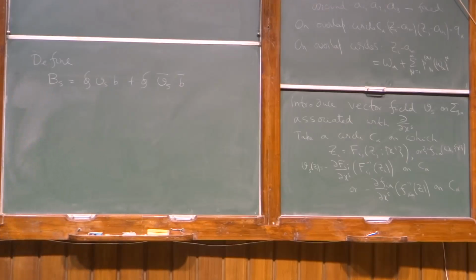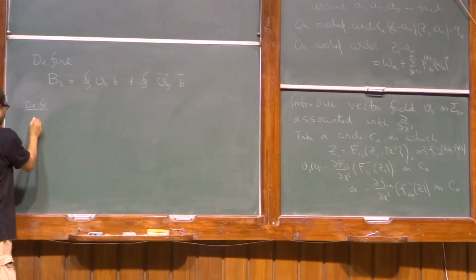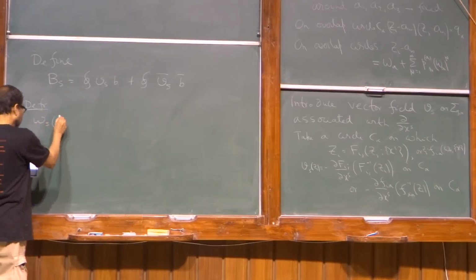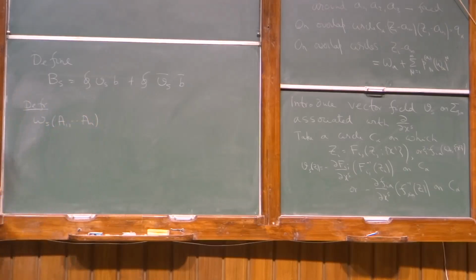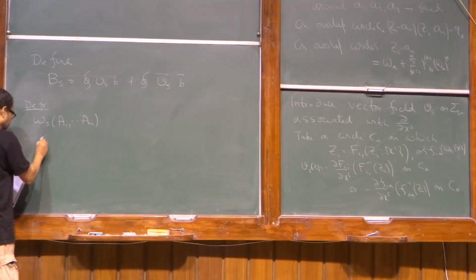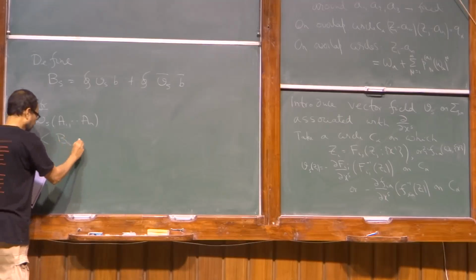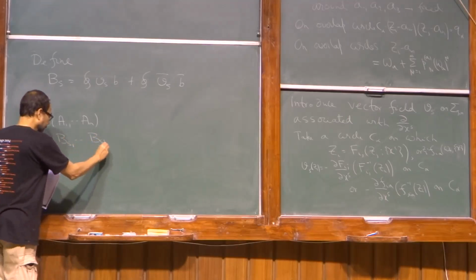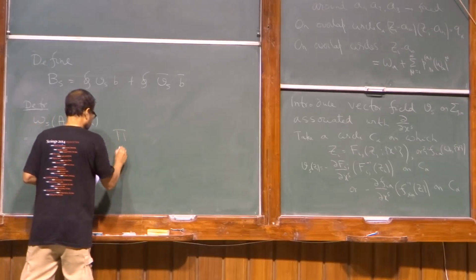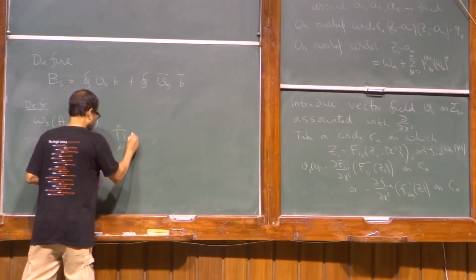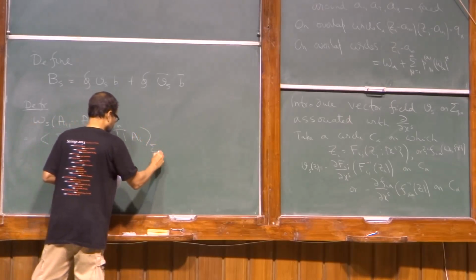Now we can define omega s. The definition: omega s, A1 to An, which will always depend on these external states, is the integral of dS1 to dSp, product over i equal to 1 to n of Ai.